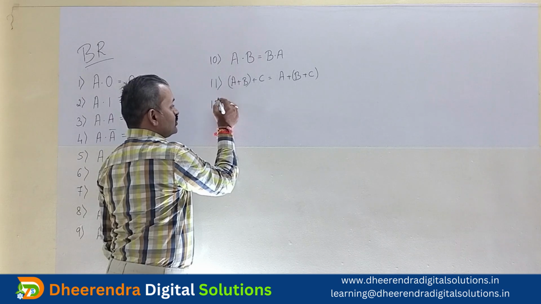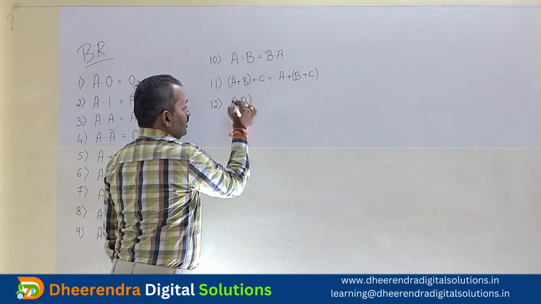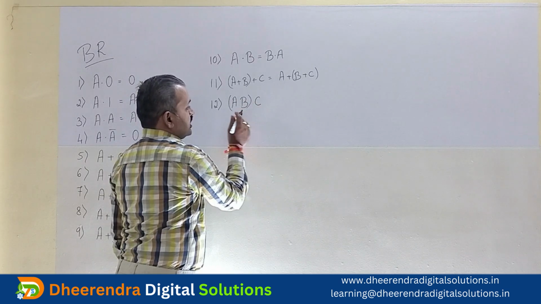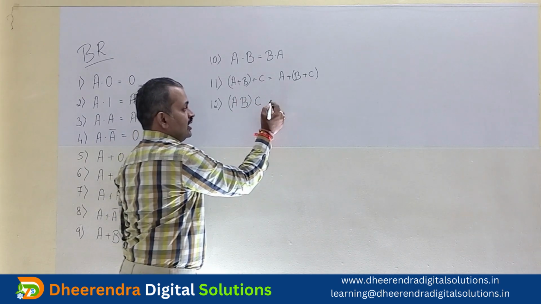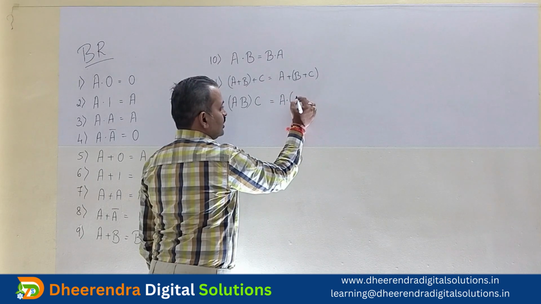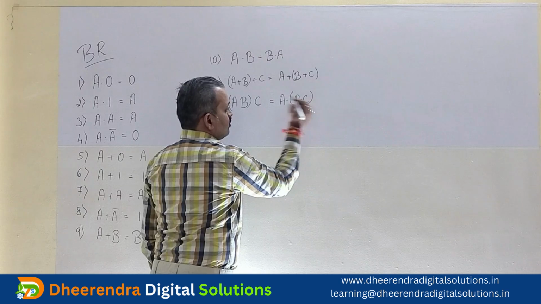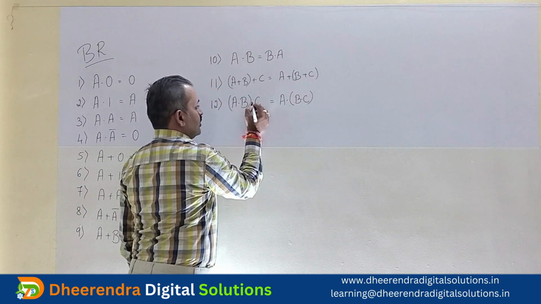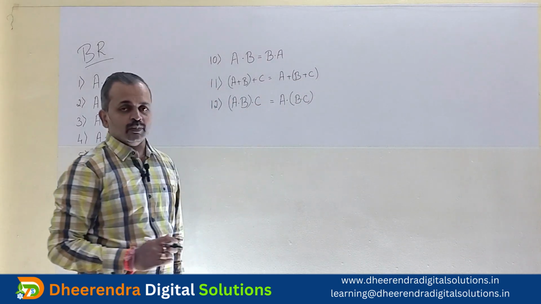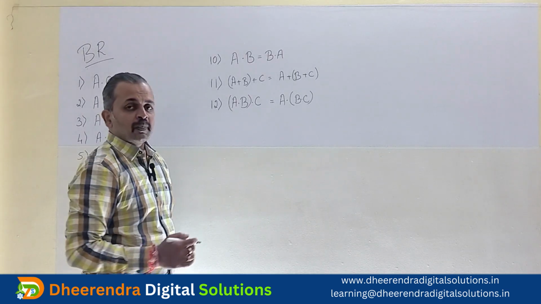Similarly, the next rule is the associative property for the AND operation, which is A dot B dot C will be equal to A dot B C. Either you can say BC or B dot C. Here, if you want, you can keep a dot, otherwise, you can leave it. Both are acceptable. So, this is your associative property.